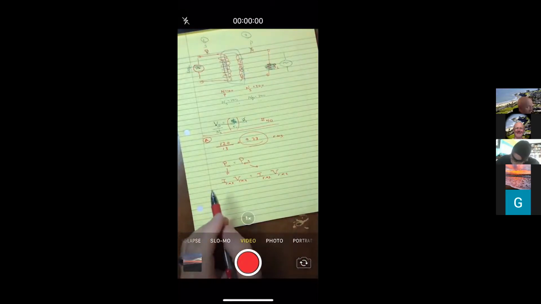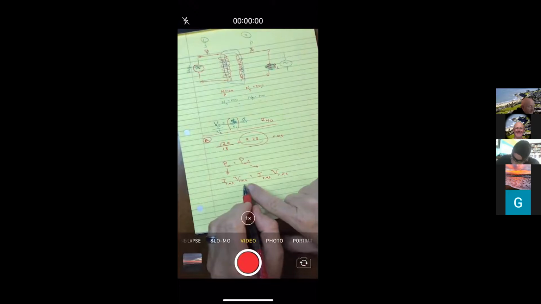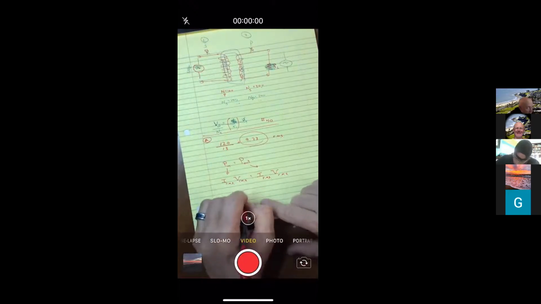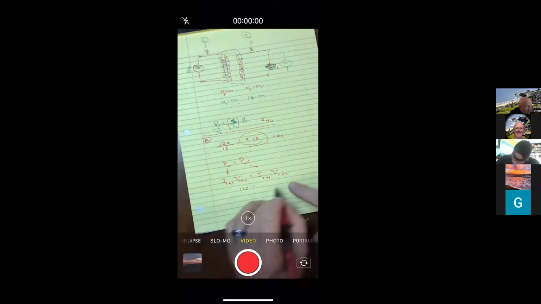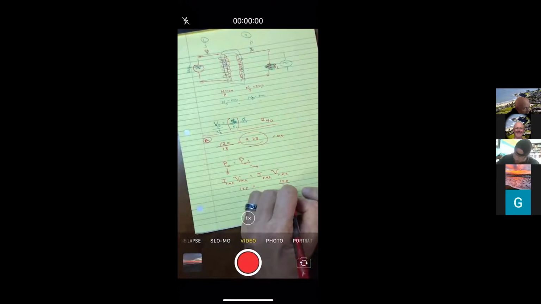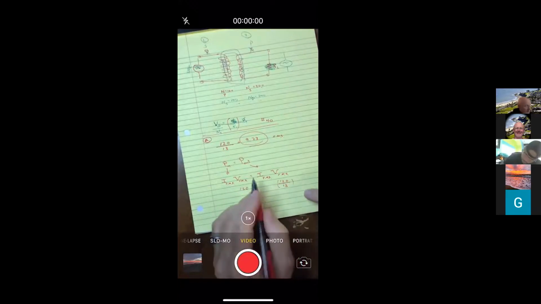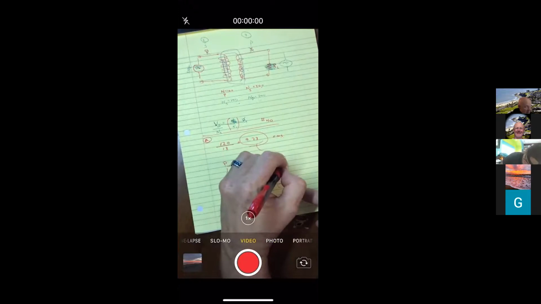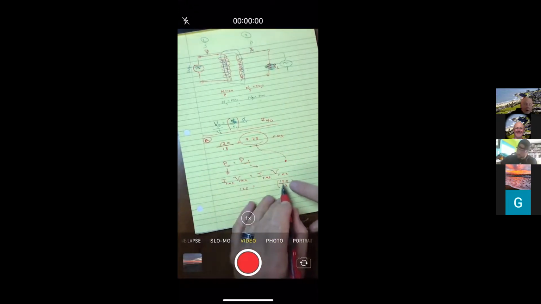So if the voltage in the primary is 120, and of course it's reduced by a factor of 13, which is this 9.23, but I'm going to write it as 120 divided by 13.